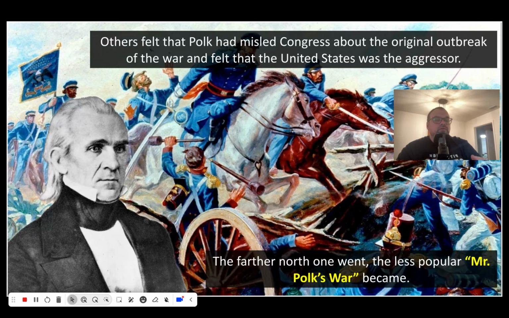So the farther north you go, because remember, Southern Democrats, very supportive of annexing Texas. Southern Democrats, very supportive of James K. Polk. But the further north you go from Texas, this war, which became known as Mr. Polk's War, becomes so much more unpopular.